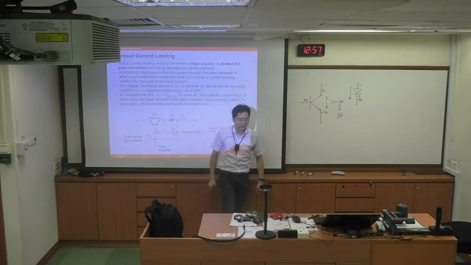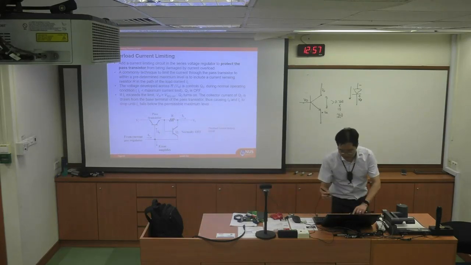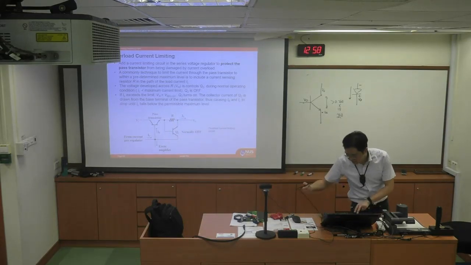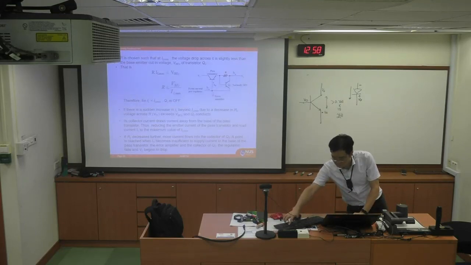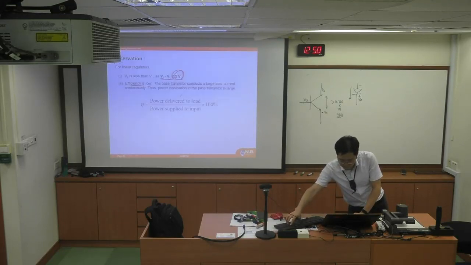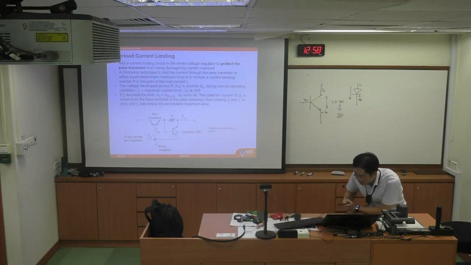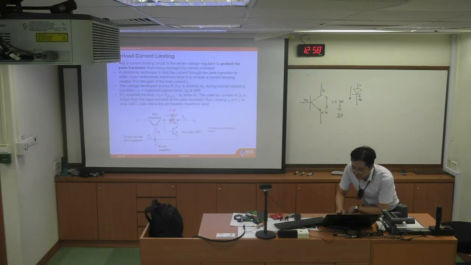The way it works is that once you have some amount of current flowing, and then let's say this one turns on at 0.7 volt, you design the resistance value so that, let's say, your allowed amount of current flow is 10 amps.